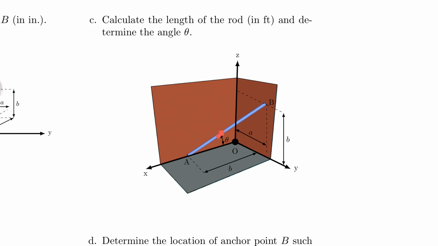Be careful, this rod does not start at the origin, so therefore this angle here, although it's connected to the x-axis, is not equivalent to alpha. This needs to be calculated differently.